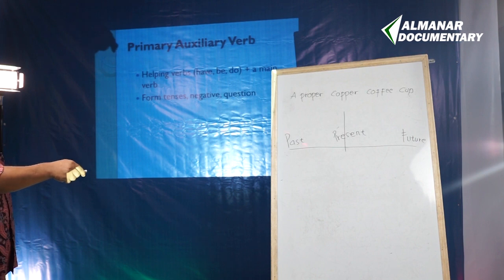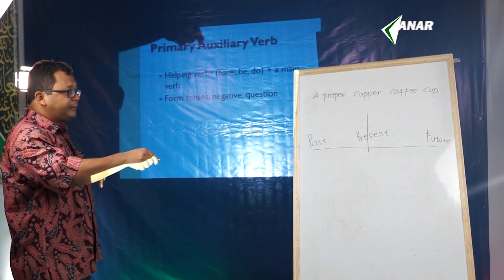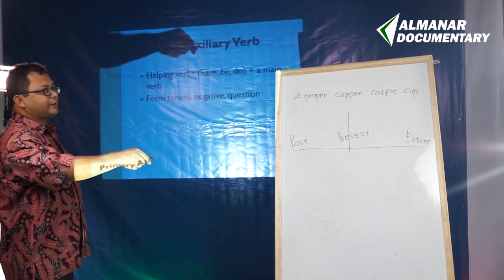This is what we call past for tenses, and then we have present for the current situation, and that we are going to face in the future.